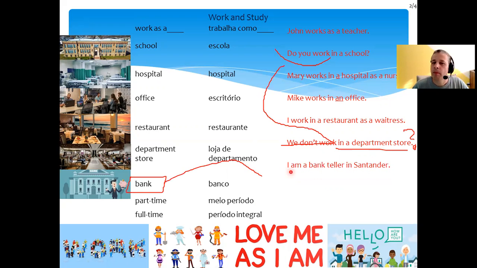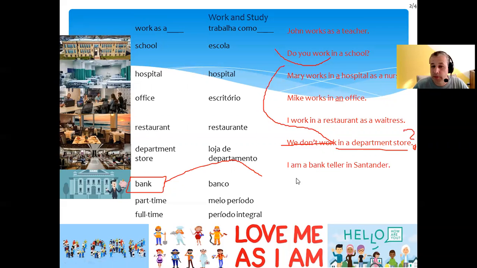Bank. I am a bank teller in Santander. What is it? I am. Eu sou. I am a bank teller in Santander. Eu sou um caixa de banco no Santander. Okay.